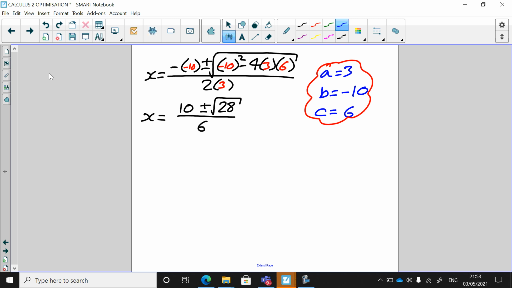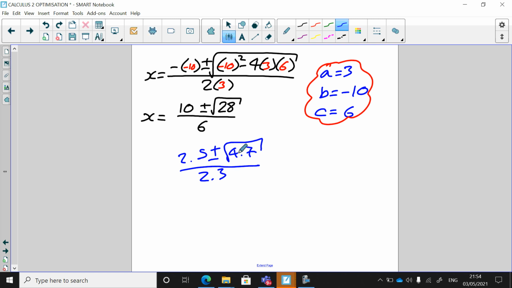Right, just in case, for those who are interested, where did I get that from? Well, I can see that these are all multiples of 2, so 10 is 2 times 5, plus or minus the square root of 4 times 7, over 2 times 3.